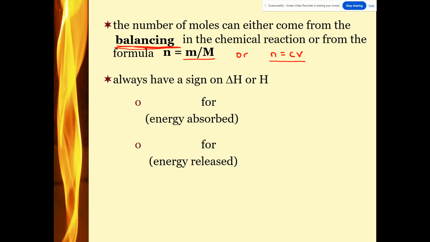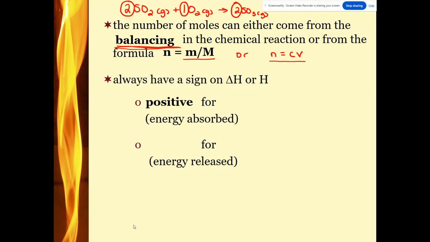When you have a reaction written out, like we talked about in the last video, when we had sulfur dioxide reacting with oxygen to produce sulfur trioxide, these balancing coefficients of 2's mean you have 2 moles. So I have 2 moles of sulfur dioxide reacting with an invisible 1 mole of oxygen to produce 2 moles of sulfur trioxide. Those are the mole values, okay?